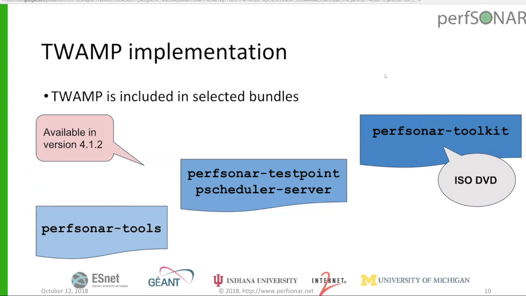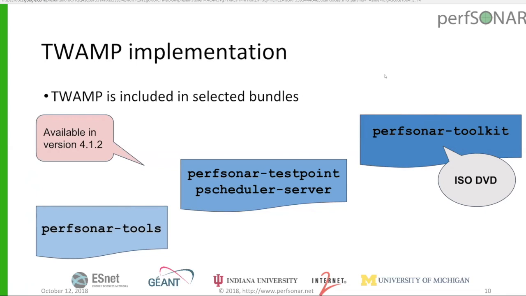So for instance, the perfSONAR test point bundle, where TWPing is also integrated, but there's also pScheduler, which allows you to automatically run the tests. You can join the mesh, you can participate in a centrally configured type of meshes. And finally, if you just want to use the command line clients to run on-demand measurements, you can install the perfSONAR tools bundle.